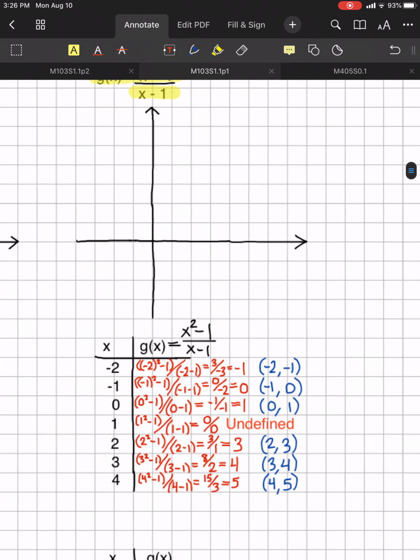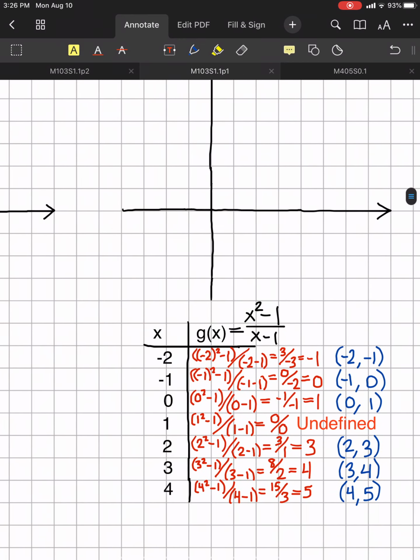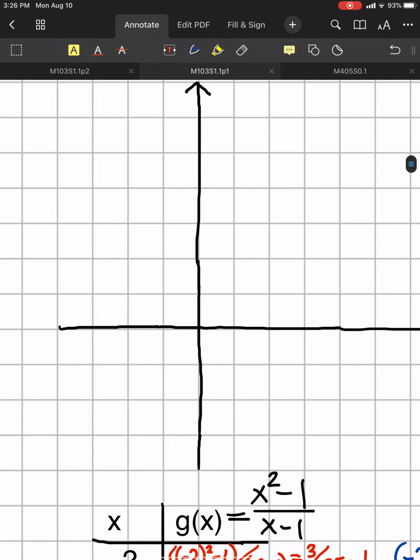So let's go ahead and put those in here like we did before. So our first one was -2, -1, which is right about there. Our next one is -1, 0, which is right about there. Then 0, 1, which is right about there. And then we have our undefined value.